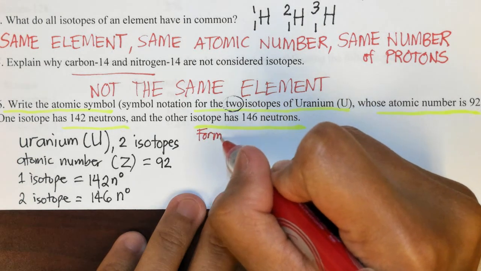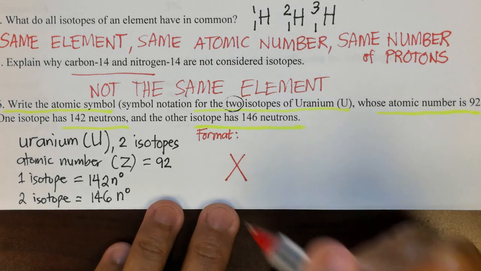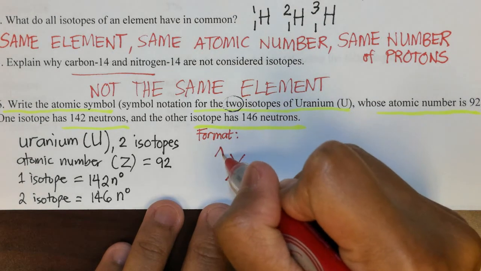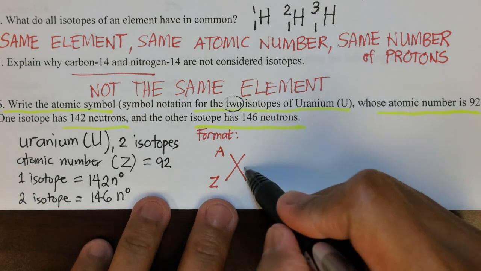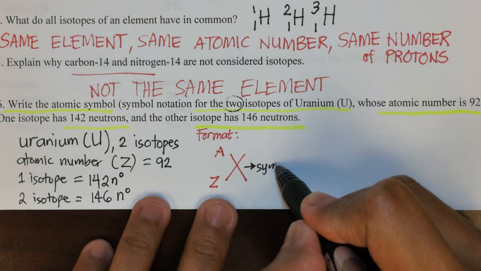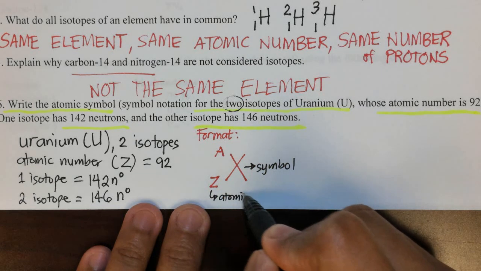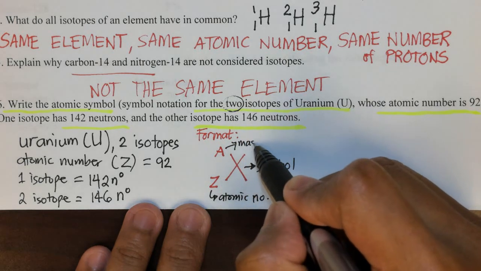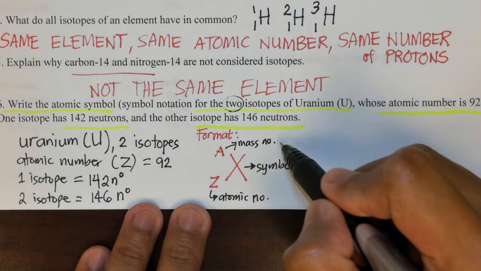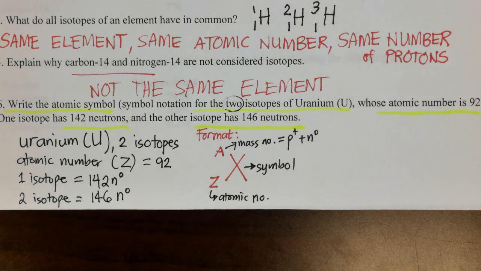If you recall in the previous lesson, that's X, A on top, and then Z below. X represents the symbol of the element. Z represents your atomic number. And A represents your mass number. And mass number is equal to protons plus neutrons.